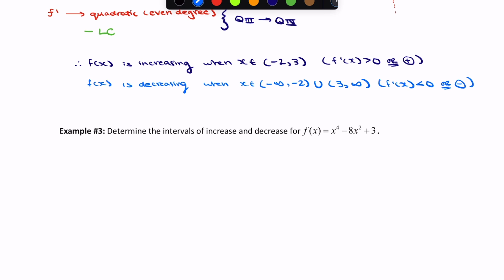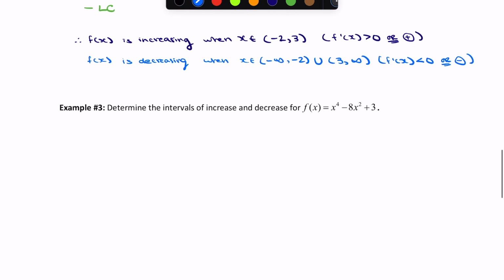Okay, continuing on, here it says determine the intervals of increase and decrease for f of x is equal to x to the power of 4 minus 8x squared plus 3. So the first thing we want to do here is take the derivative of this function. So f prime of x is equal to 4x cubed minus 16x.